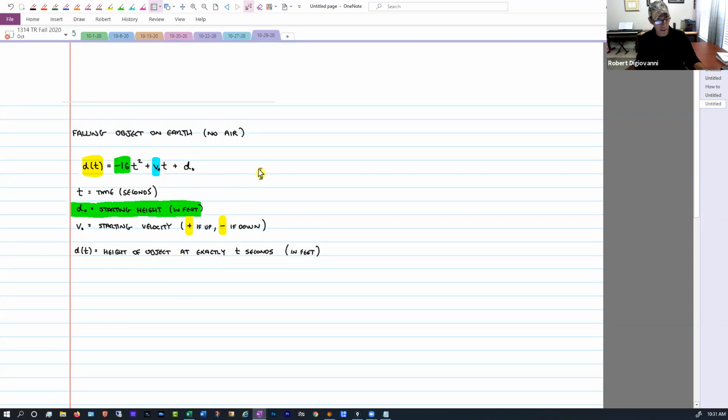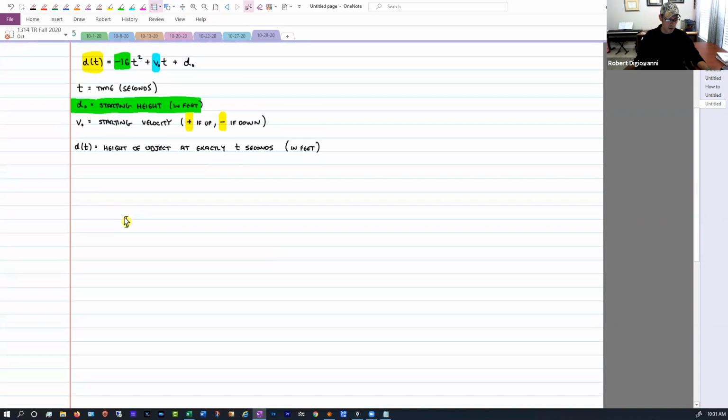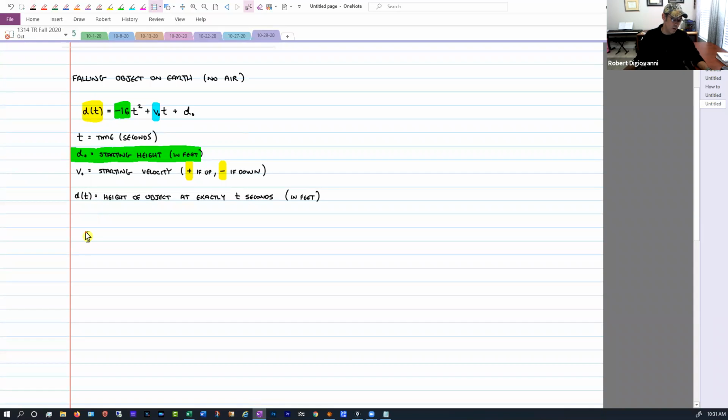So let me give you an example of how you would see a problem that would require you to use this formula. Let's say an arrow is shot upward with a speed of 300 feet per second.